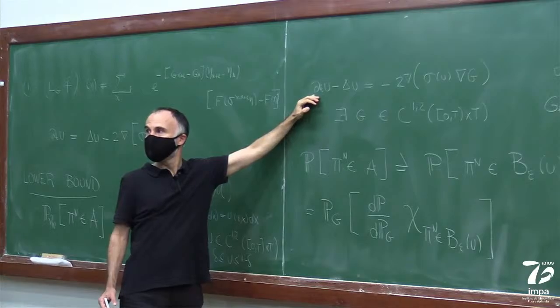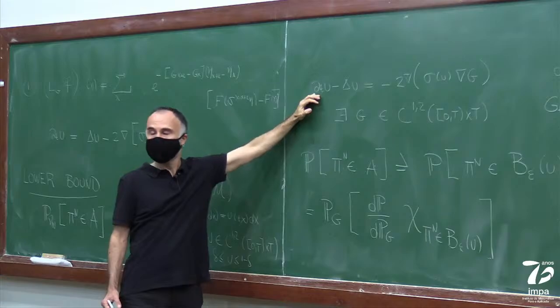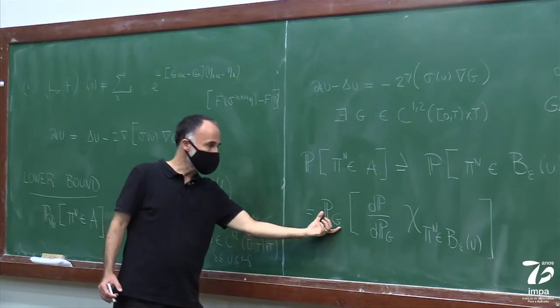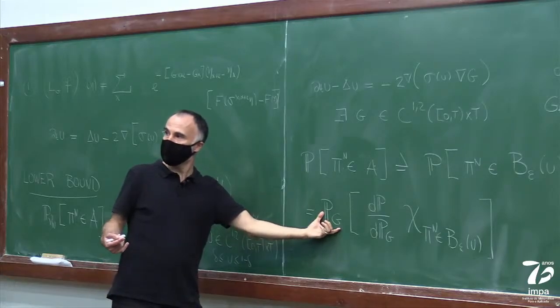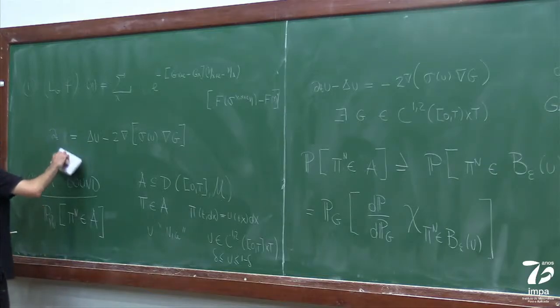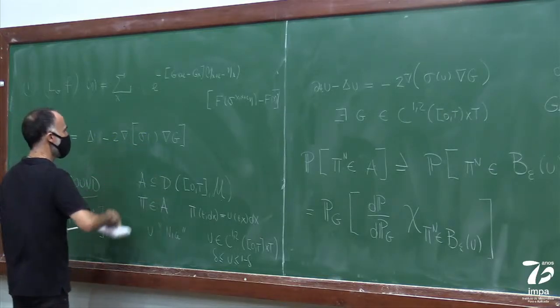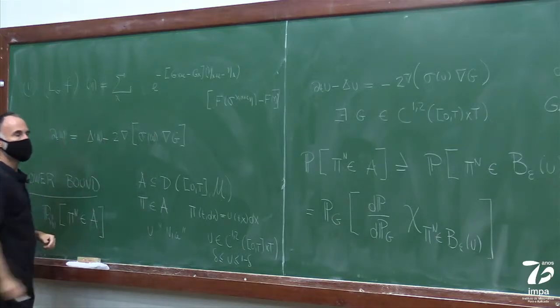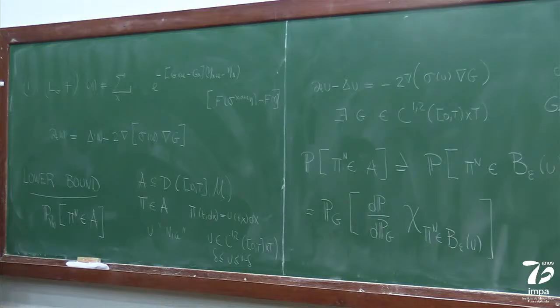U is given, you solve this equation in g. You find g. You plug in g. So now, under this measure P_g, the empirical measure converges to the solution of this equation. But who is the solution of this equation? It is u. So pi is converging to u.